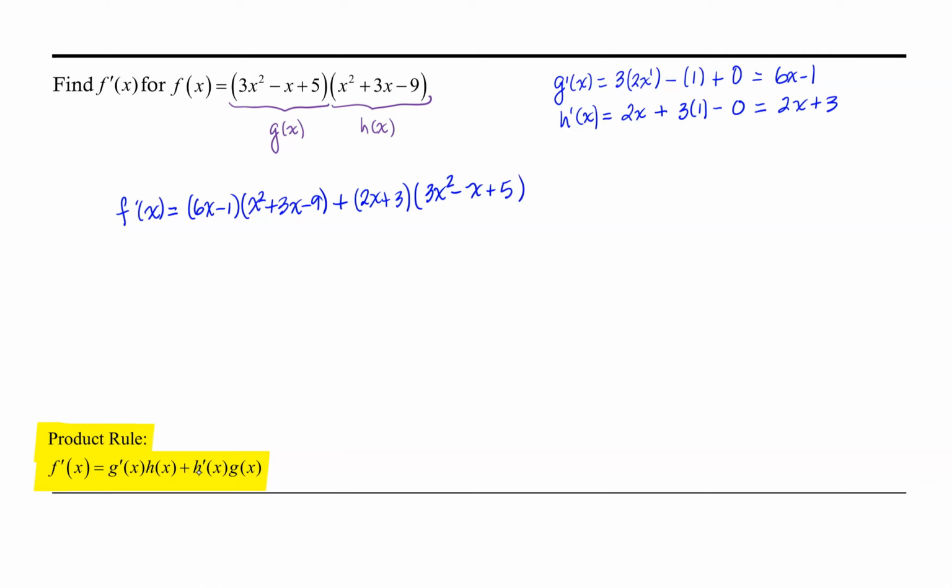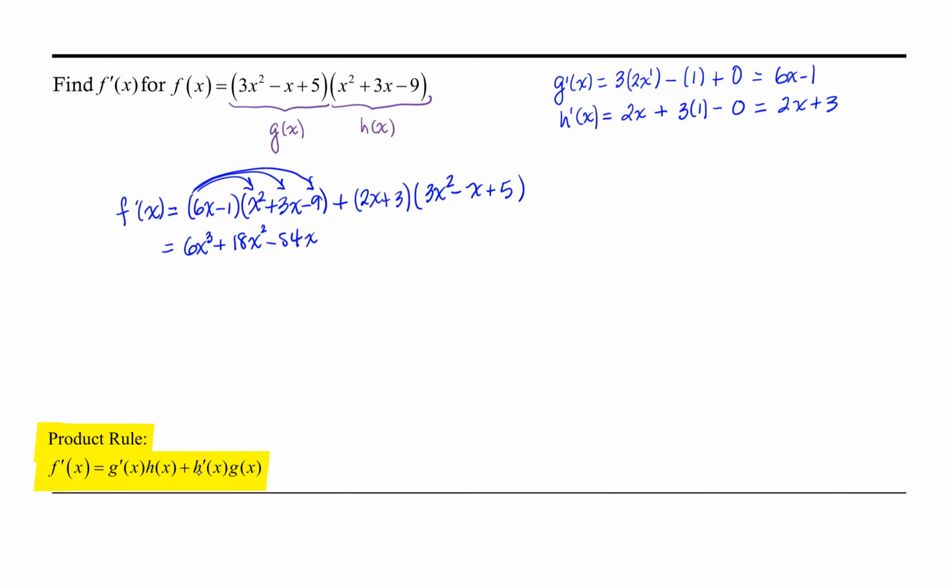Now, this is what the derivative of f is, and at this point we could go ahead and distribute and multiply things out. So we would end up with something like 6x cubed plus 18x squared minus 54x, using the 6x in the first factor.